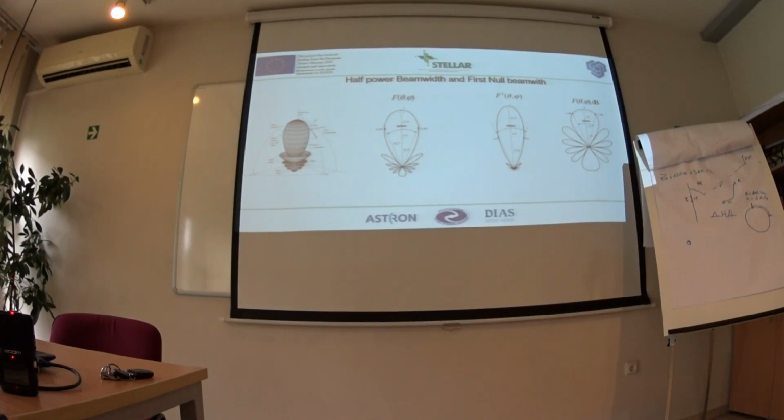And in each antenna catalog, this is the number that we get. Half power beam width. And of course in decibels, it will be minus 3 dB down from the pattern peak.